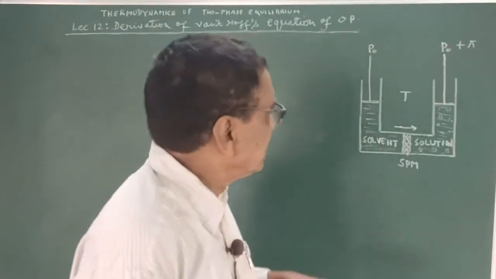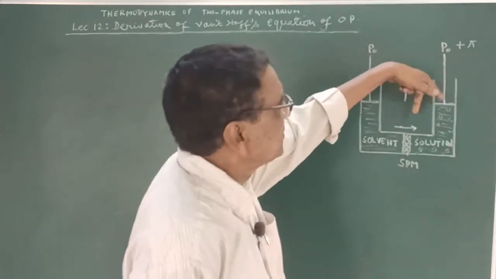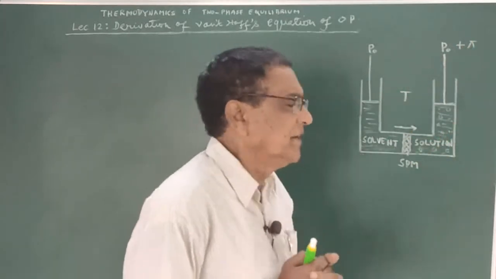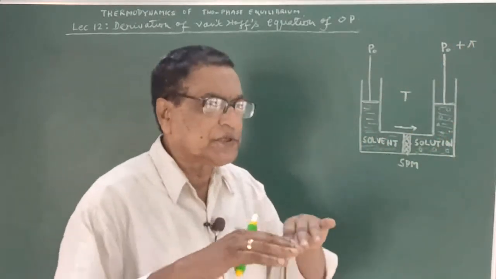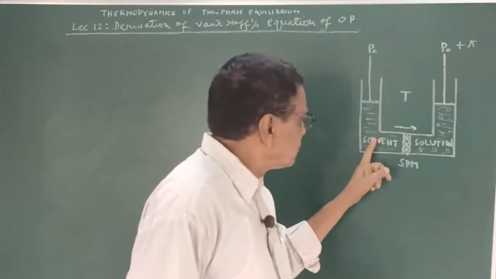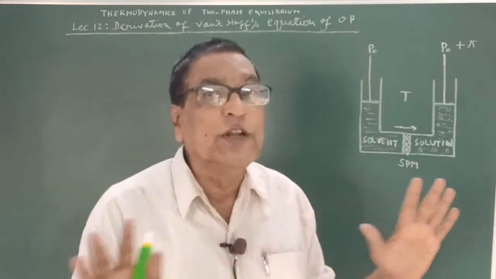Since by applying this additional pressure pi from the solution side the osmosis stops, the pure solvent and the solvent in solution are in equilibrium.